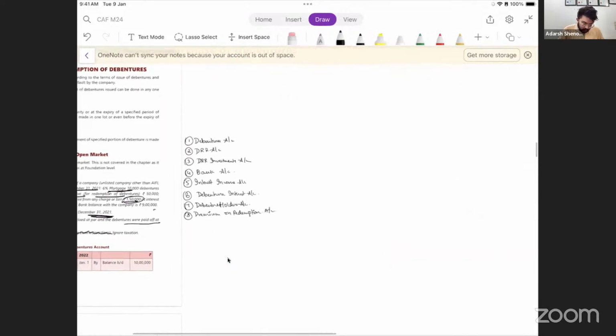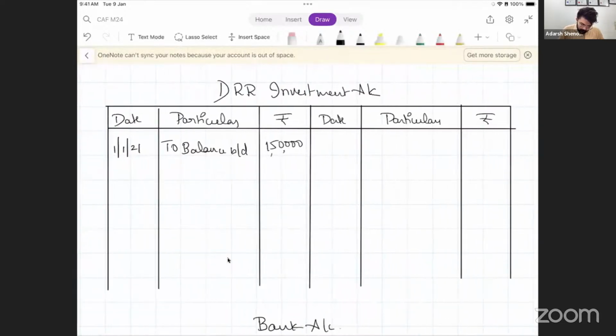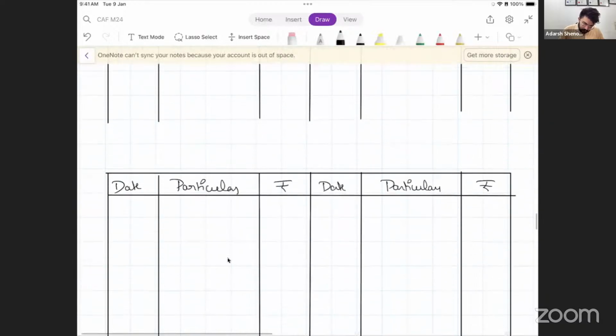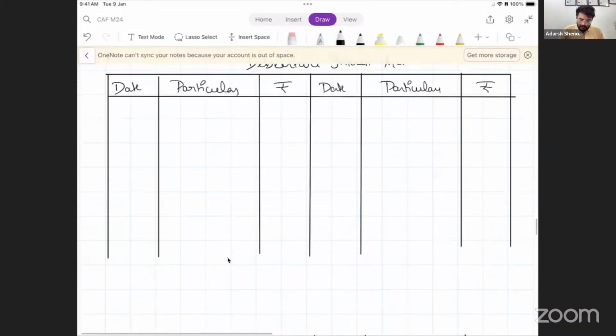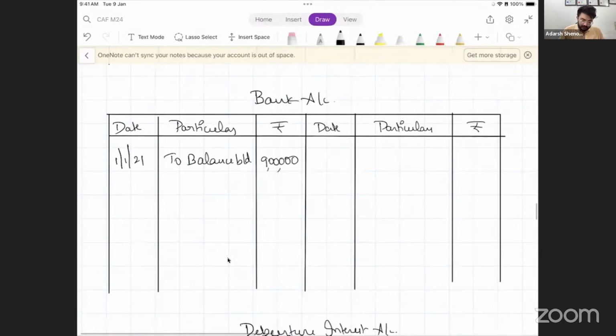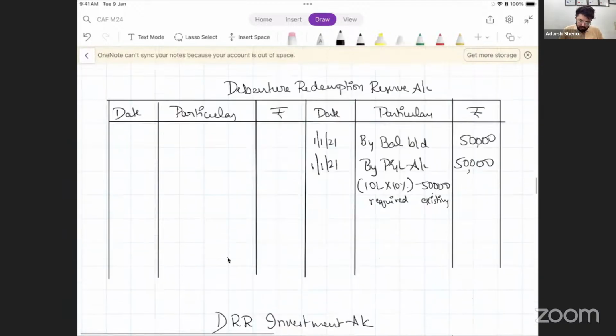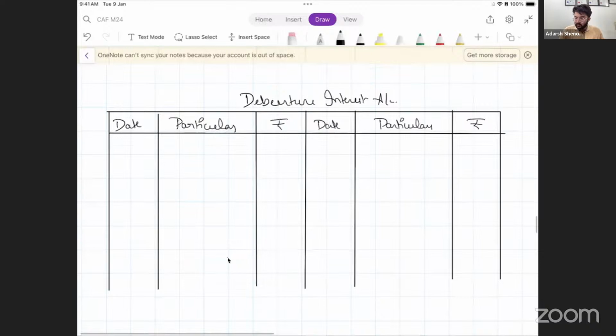So the debenture interest account ledger format is already ready. Debenture interest account. So we have to pay debenture interest on 10 lakhs at 6%. Debentures are for 6%, right? 6% on 10 lakhs, I will have to pay interest for 2 months.